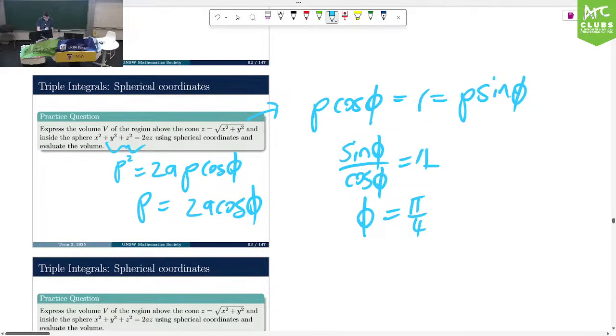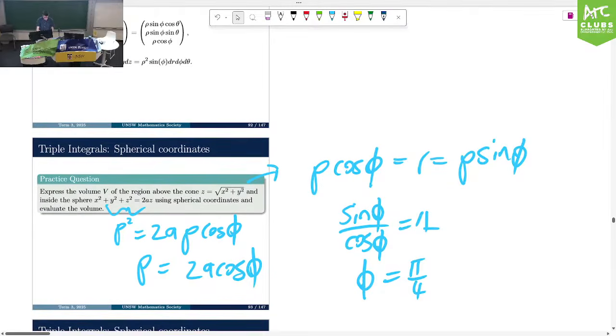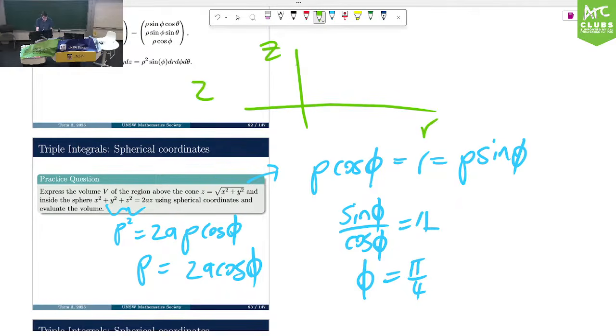Is there anything else we need to look at in terms of our bounds? That should be good. If you try to draw this out, looking at only your r-z plane, this is r, this is z, and the cone looks like z equals r, so that's this. Then our sphere is r squared plus z squared equals 2az. So that's a sphere centered at a. You can write that as r squared plus (z minus a) squared equals a squared, if you complete the square.